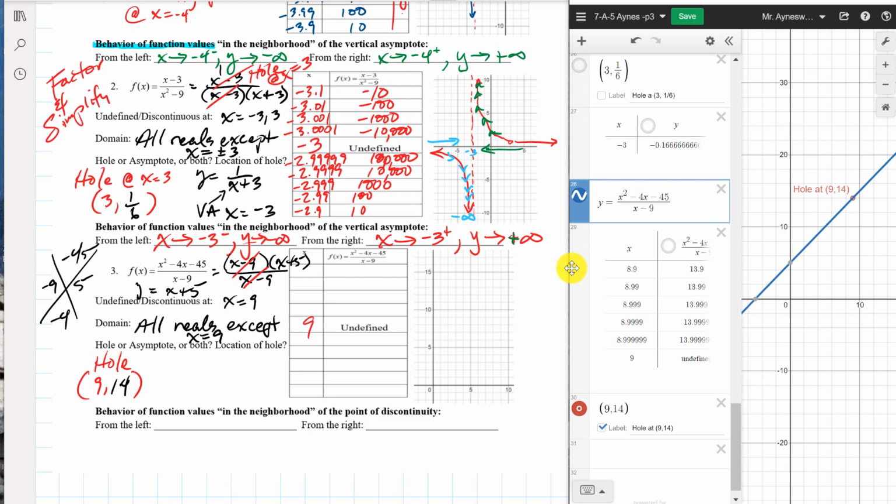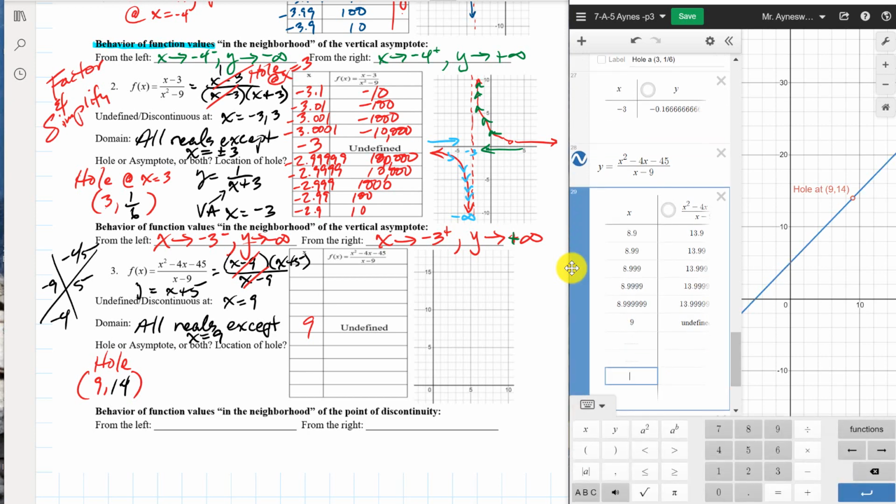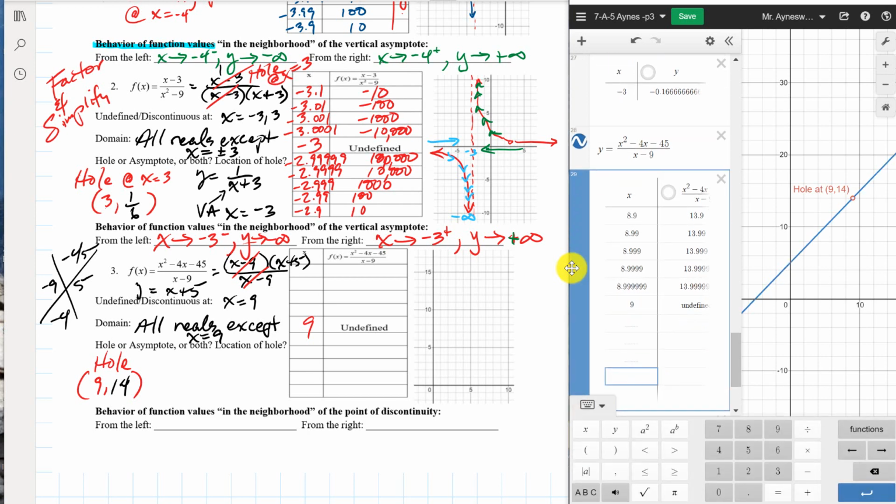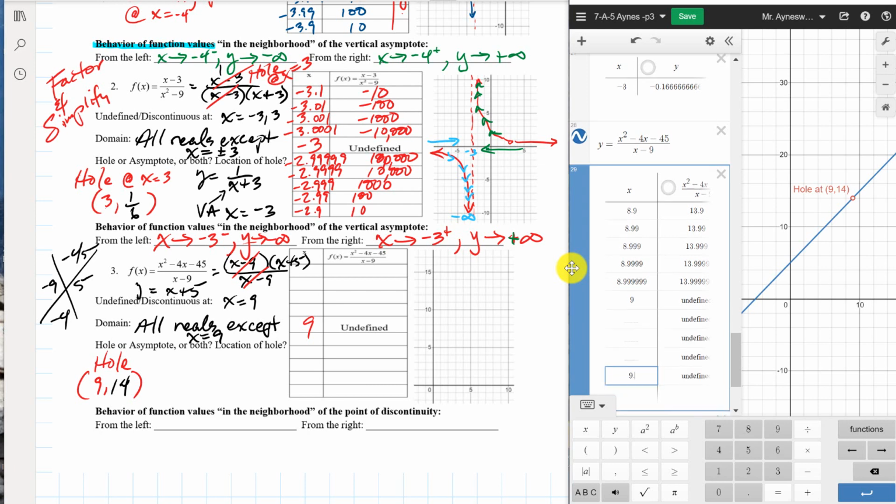On the other side, the right side, if you're a little bit bigger than 9, how about 9.1? That's close. Let's get closer, 9.01, then 9.001, and even closer, 9.00001.